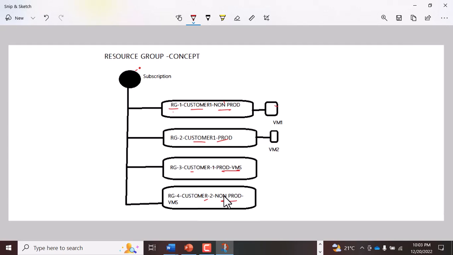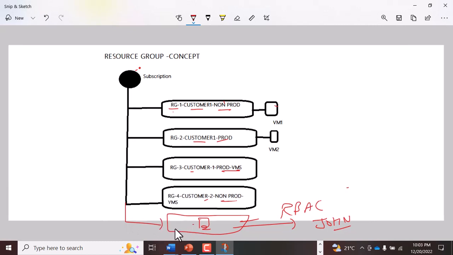Another reason to have a specific resource group is the RBAC permissions. So for example, you want to deploy some specific services in Azure, and you want this permission to be given to a specific person called John. In that case, you have a very separate role-based permission on this resource group.